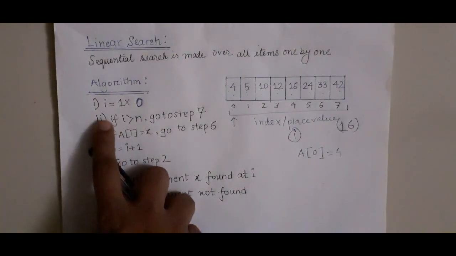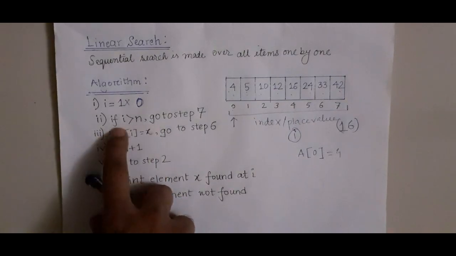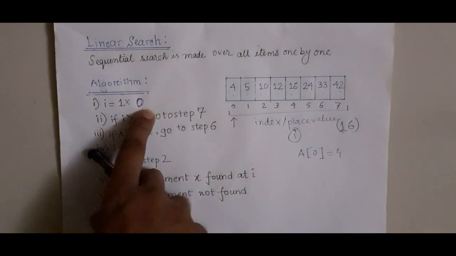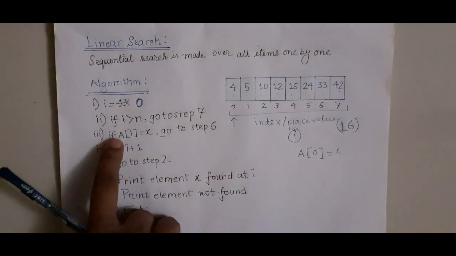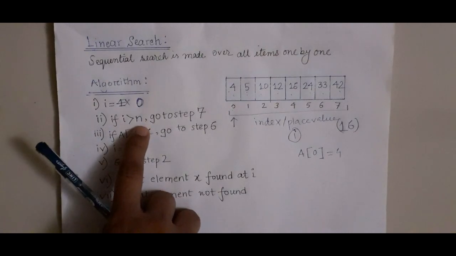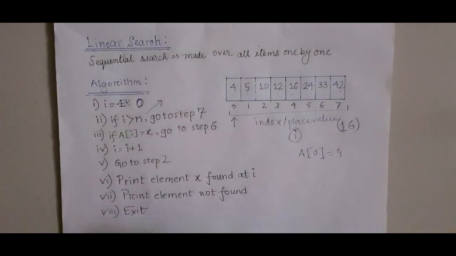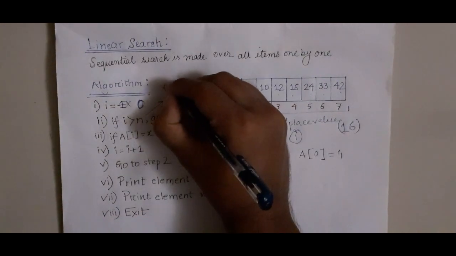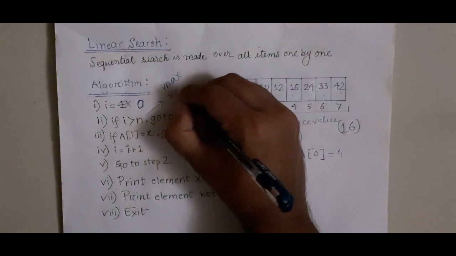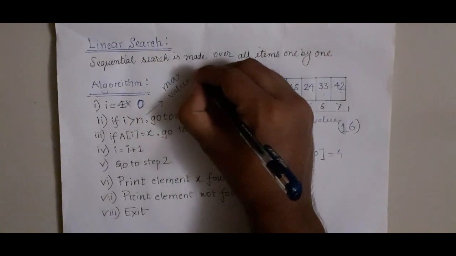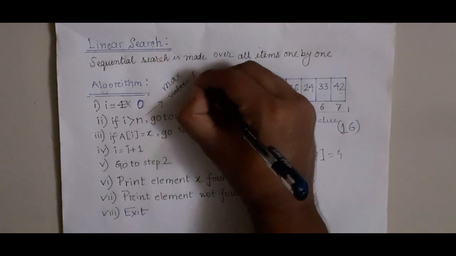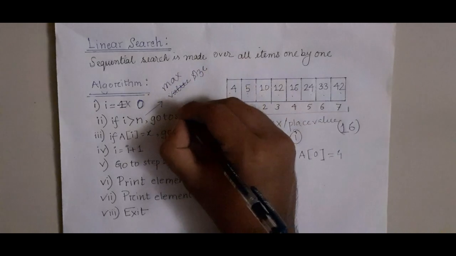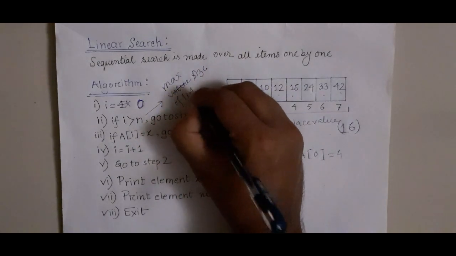In point number 2, I have written that we start off with I value equal to 0. Then, if I is greater than n, what is our n? This is our maximum size of the list, right?